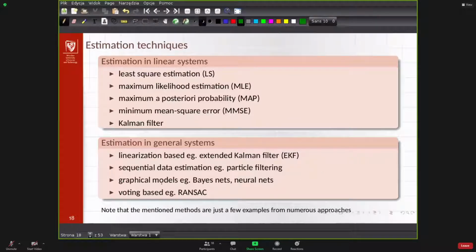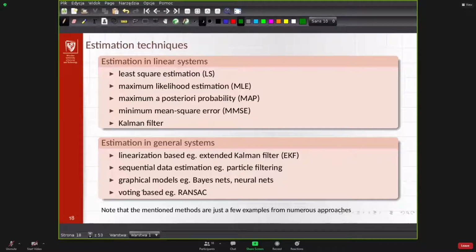And then you can have some graphical models like Bayes nets or neural nets, or you can have the algorithm based on voting. They basically work in the way that you have lots of data and you want to get some information out of it.